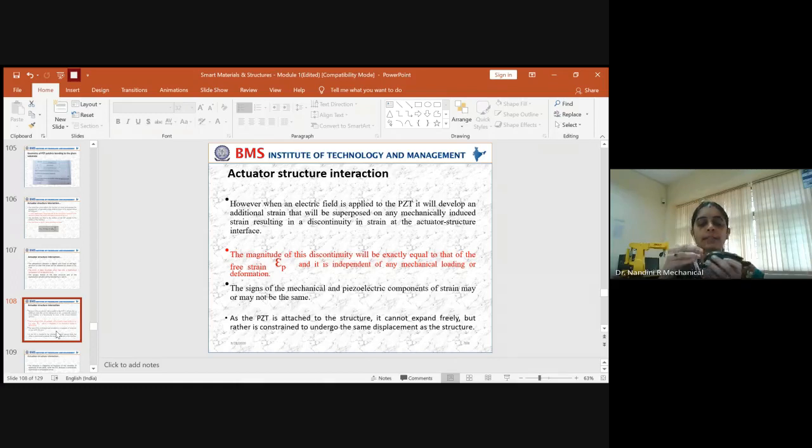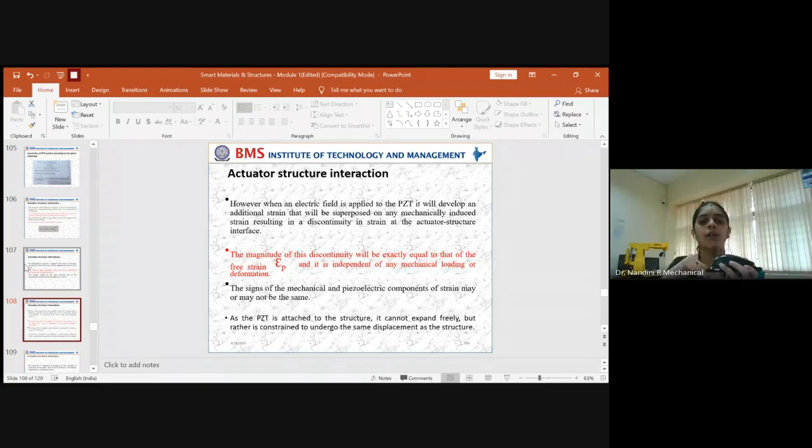Along with that, since it is resting on the structure, the mechanical strain developed on the structure will be superimposed along with the free strain of the piezo material. This is due to the combination effect we get. So that you have to consider. All this we are explaining because we are trying to get the interaction between the substrate or structure and the actuator.